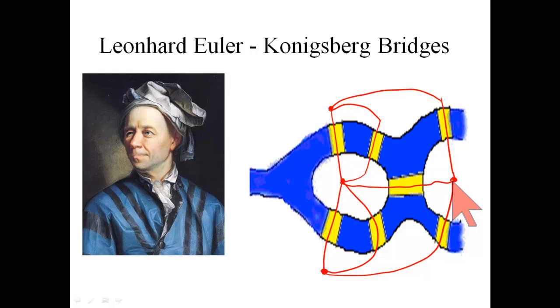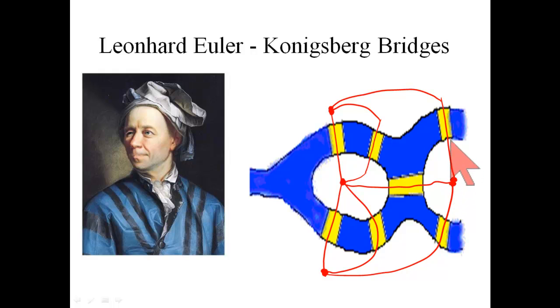We've made a graph. It has 7 edges because there were 7 bridges to begin with, and it has 1, 2, 3, 4 vertices. Then the question that the townspeople of Königsberg had is the same question as, does this graph have an Euler circuit?